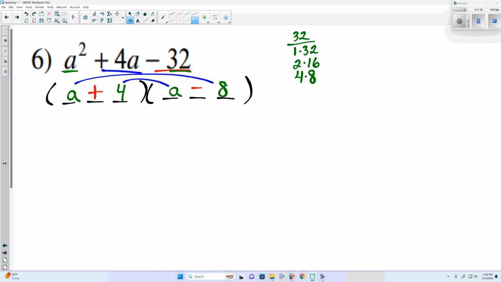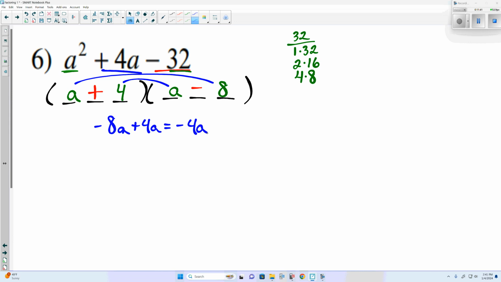Our a times a is still a squared. Our 4 times negative 8 still gives us negative 32. Here our a times negative 8 is negative 8a. Our positive 4 times a is plus 4a. And negative 8a plus 4a is negative 4a.